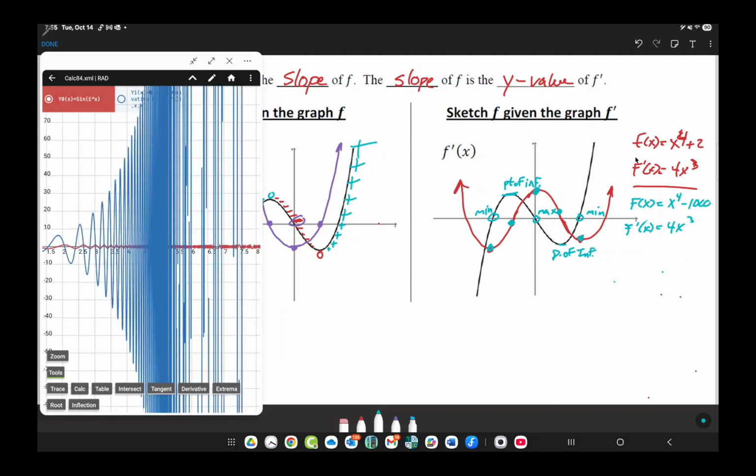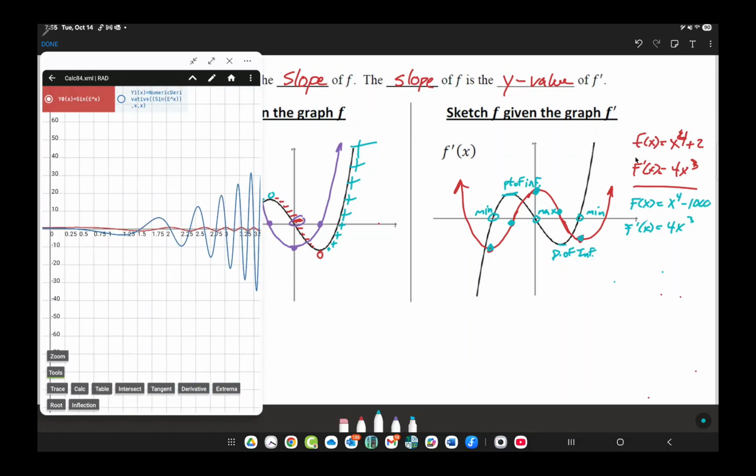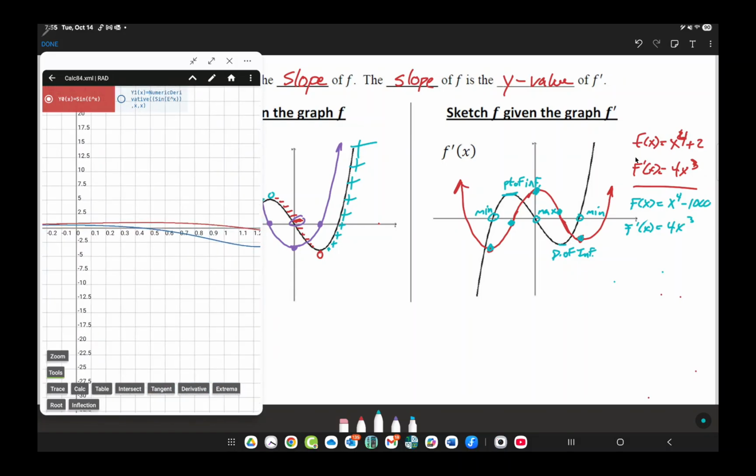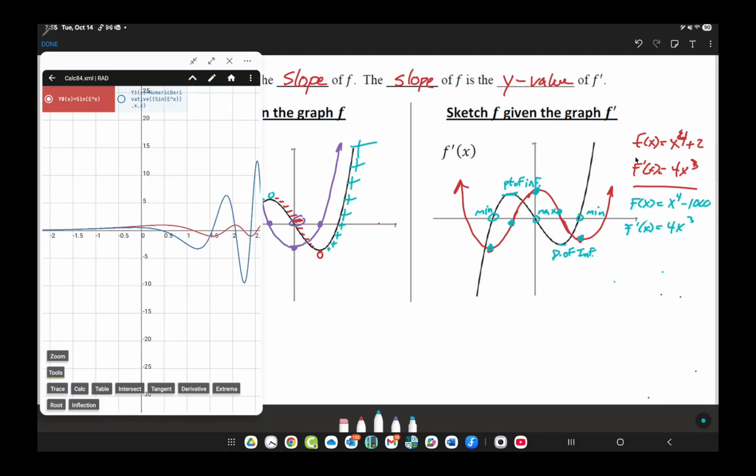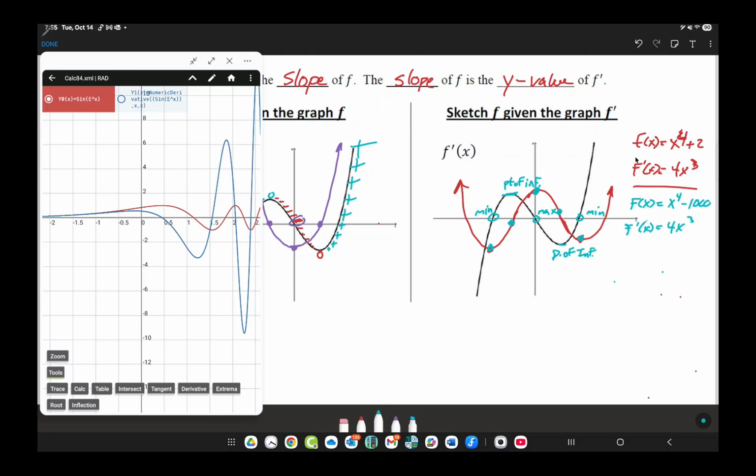Pretty crazy, pretty quickly too. So there you go. There's how you can graph your derivative function, in case you ever need to look at it for some reason.